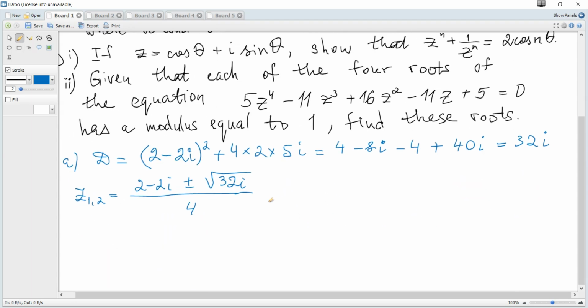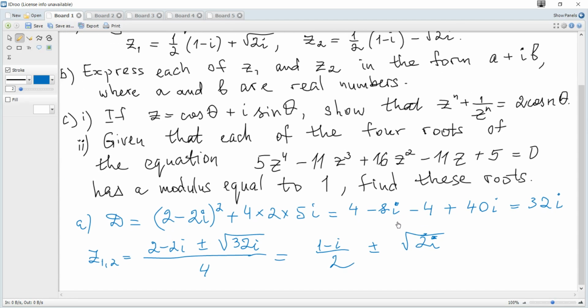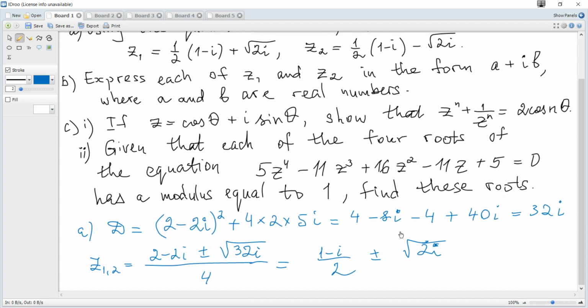And if we split it, we get two fractions: 1 minus i over 2 plus minus root of 32i. Root of 32 is root of 16 times root of 2, and root of 16 is 4, so it's root of 2i. As required.